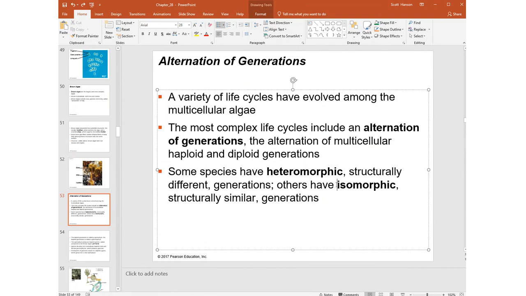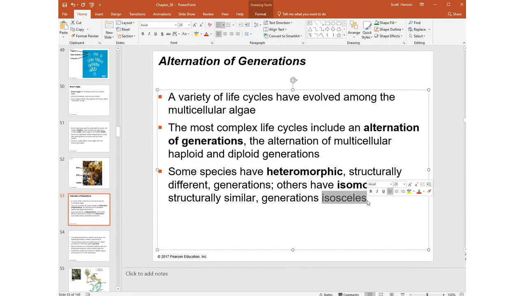But others have isomorphic forms. Do you know what iso means? Iso, like an isosceles triangle. What is an isosceles triangle? An isosceles triangle is a triangle with sides of equal length, and iso means equal.